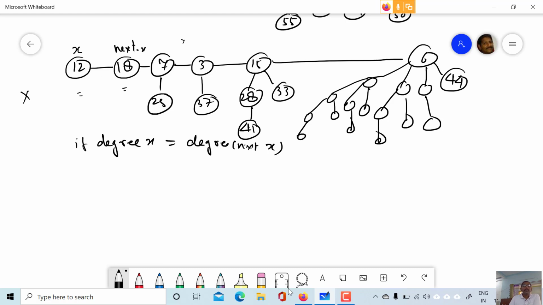So we make next X as the child of X if the value of next X is larger than X. Otherwise, if the value of X is larger than next of X, in that case we make the larger value as the child of the lower value.